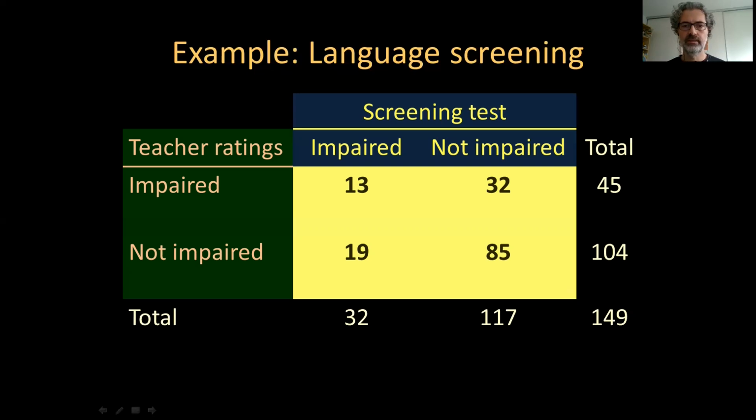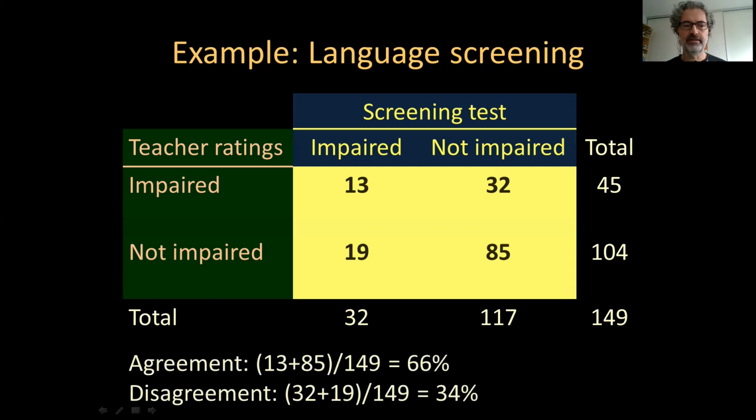How well did the teacher checklists agree with the results of the clinical evaluation? The teacher ratings agreed with the evaluation for 13 children. They both classified as language impaired, and for 85 children, they both classified as not impaired. They disagreed for the children that only one of the two instruments classified as language impaired.